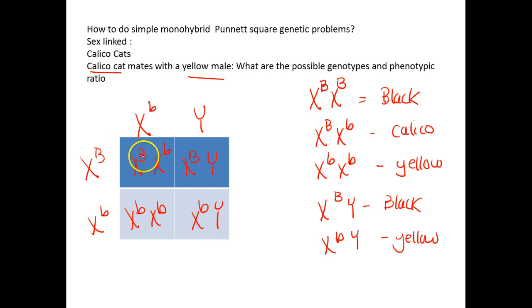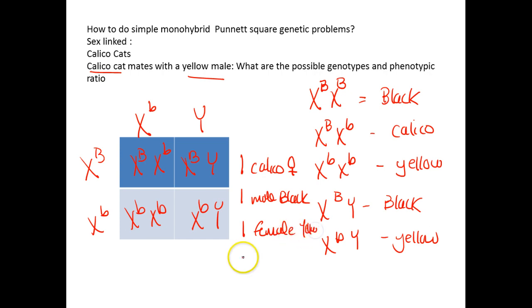So in this case, you will have one calico cat, which is of course a female, one male black cat, one female yellow cat, and one yellow male. Okay, so you'll have a 1-to-1 ratio. Remember that in this case, the phenotype to be a male and the trait.